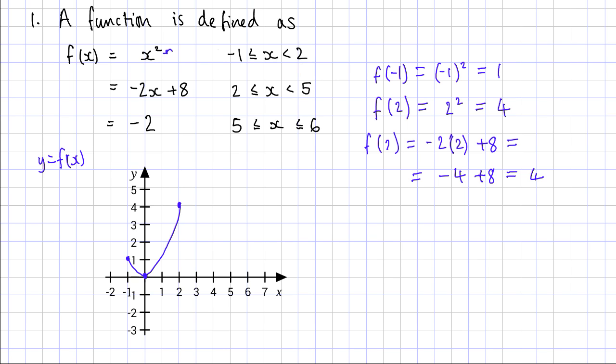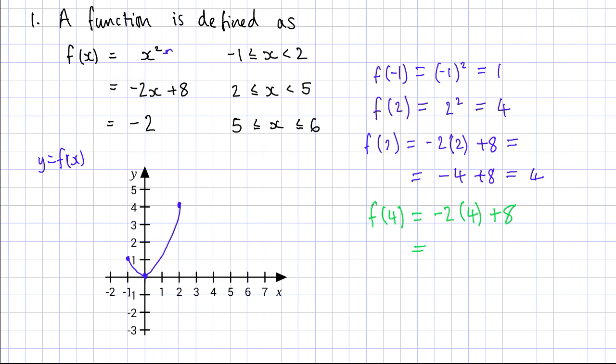So I have f of 4. When I'm using 4, that's between this one, so I'm going to use this. I did say I was going to use a different color, so I'll use green for this. So f of 4 is equal to -2 times 4 plus 8.